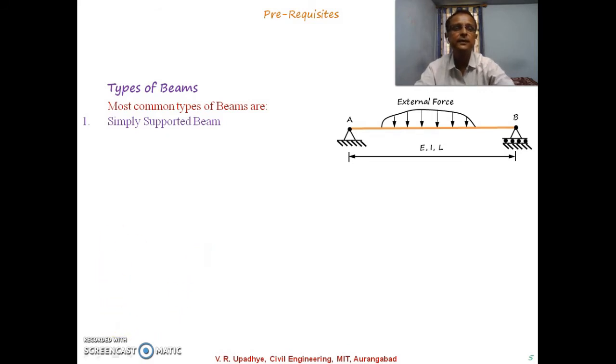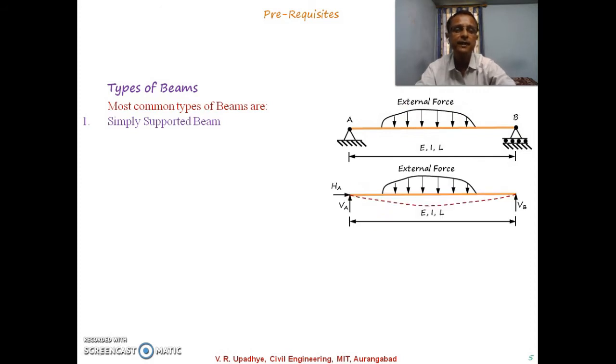So what is shown over here is at this joint A, this is a hinge support, and at joint B it is a roller support, and it is subjected to some external force in between. So what will be the reactions and deflected shape? So probable deflected shape will be as shown in this particular diagram, this red color.